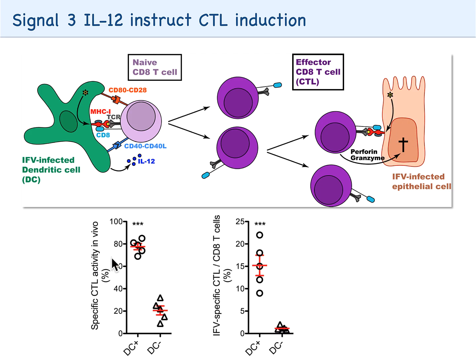We know that this dendritic cell priming is very important for protection against influenza, because if you have a transgenic mouse where you can kill the dendritic cells, you do not have cytotoxic T lymphocyte activity in vivo against influenza, because you did not manage to expand these cells.